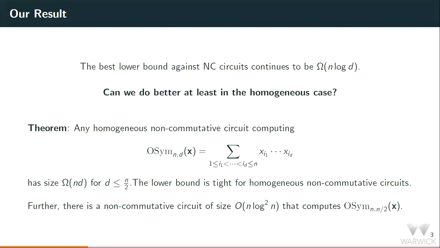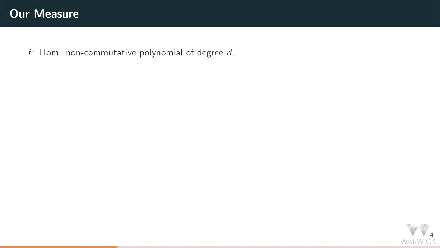Okay, so I'll now talk about how we go about proving it. It's actually surprisingly simple, which is why we believe that we should be able to improve it. But yeah, unfortunately, it would be very good if we can.